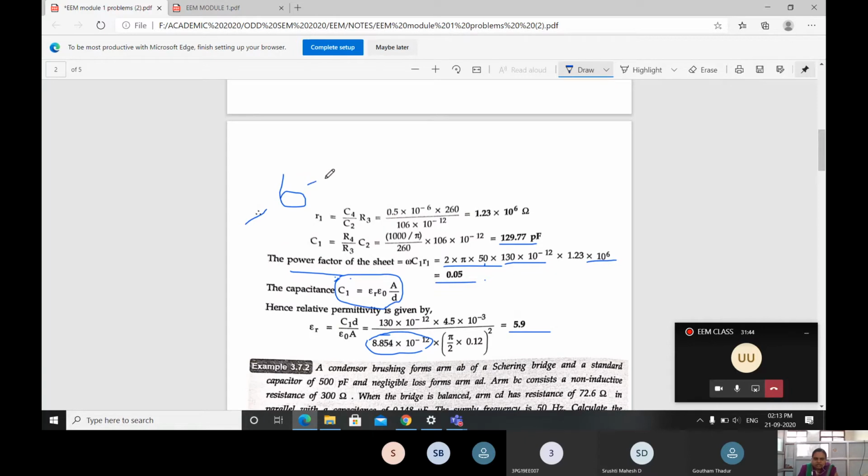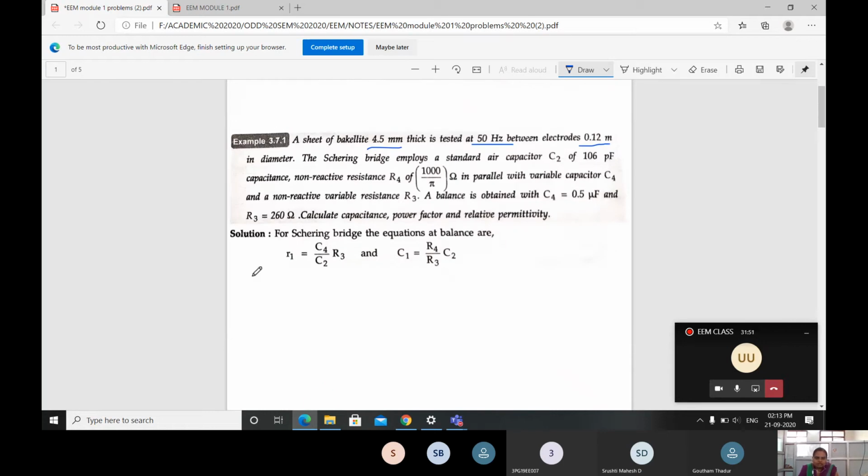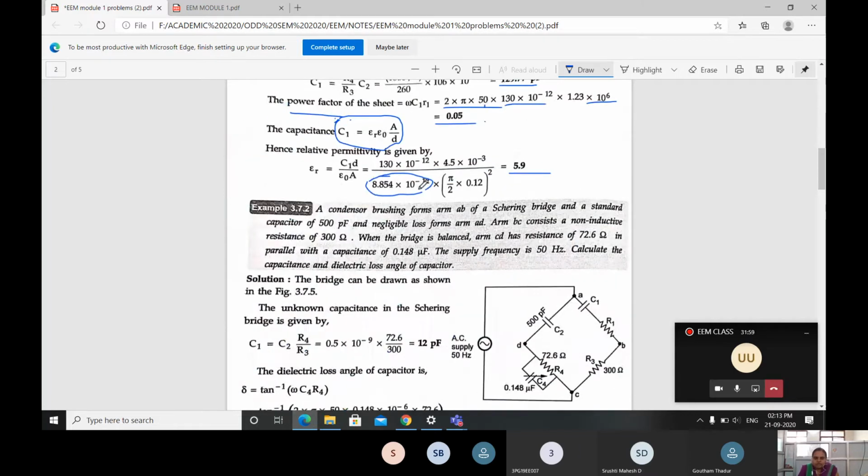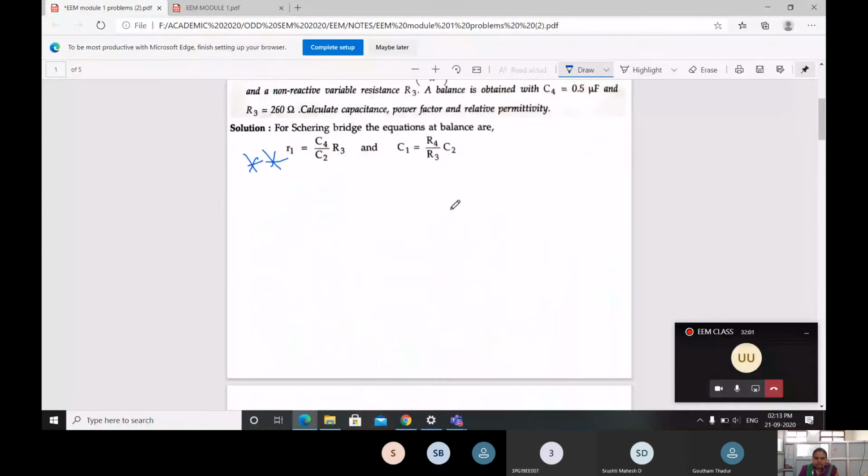This is very important. This will be asked in the exam for 6 marks. This is a slightly different problem rather than the regular bridge equation you are going for.